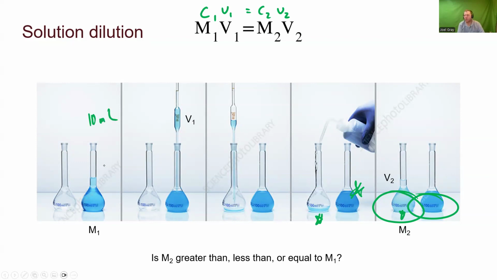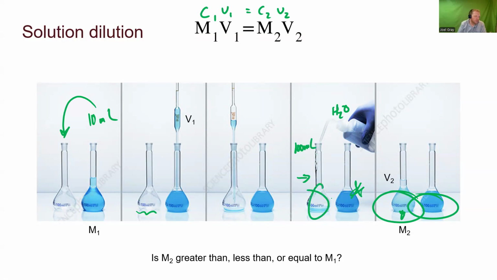So let's imagine that this is Kool-Aid. If you drank this, it would have your generic Kool-Aid flavor or the fruit punch flavor. Then let's say that you took 10 milliliters from it and you added it to this other beaker. And to the other beaker, you then added more water to the 100 milliliter marker.